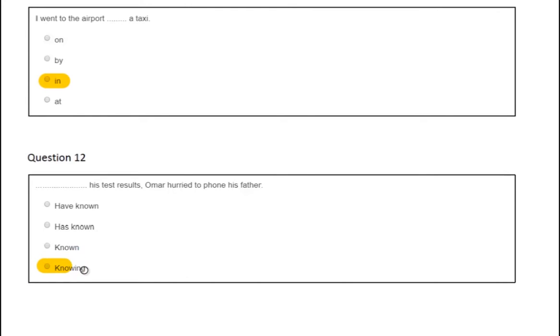It means when he knew his test results, Omar hurried to phone his father. We can use have been knowing his test results, but the tense here will be different, not the same tense. So the only correct answer is knowing.